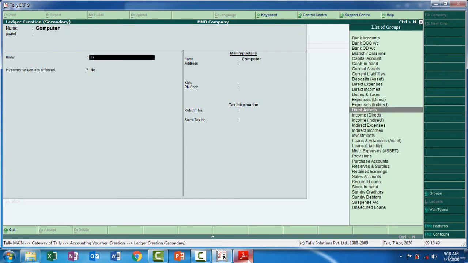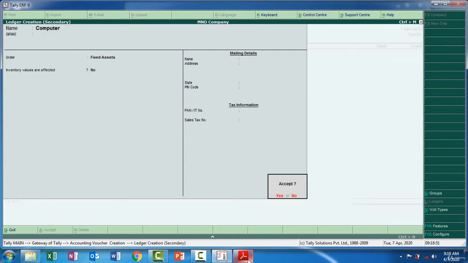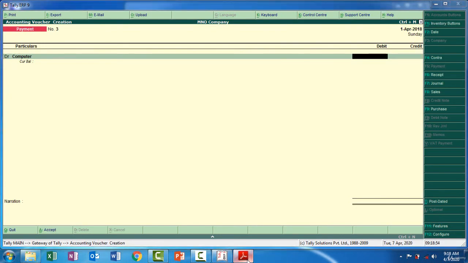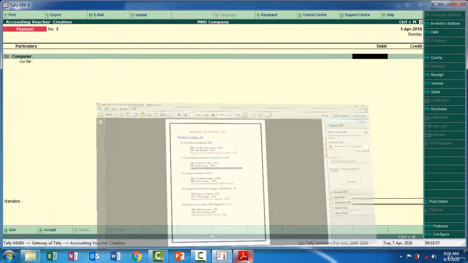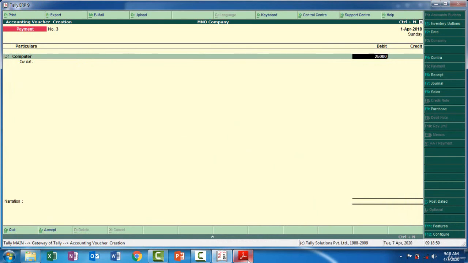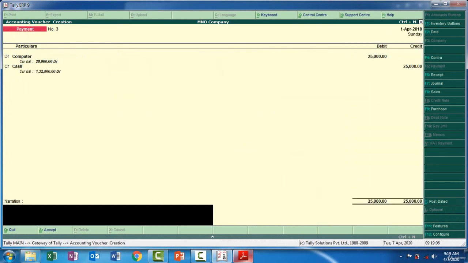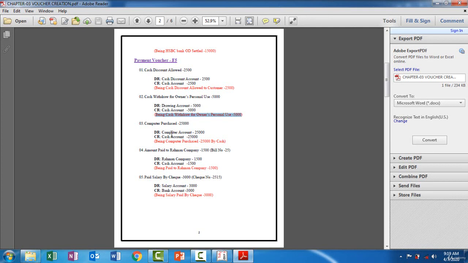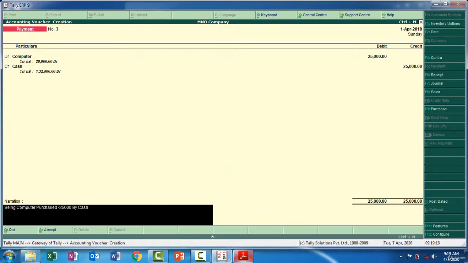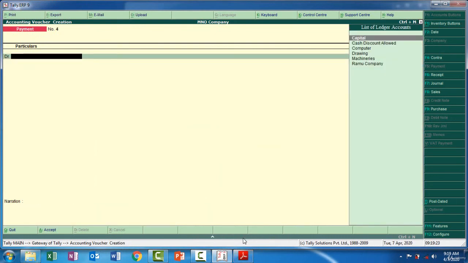It is coming under the fixed asset. So the computer account 25,000 debit, and then cash account credit 25,000. So the narration is being computer purchased 25,000 by cash. Then accept yes.